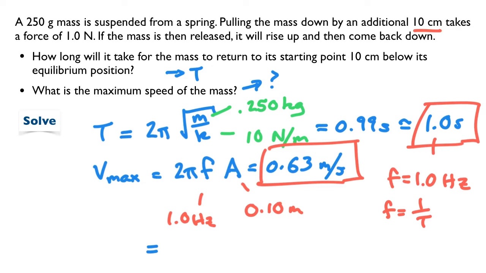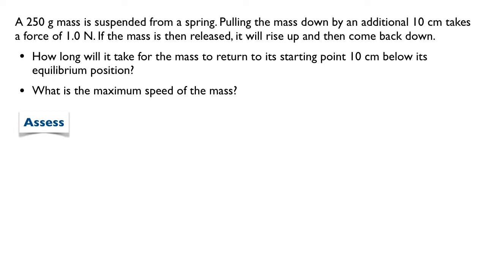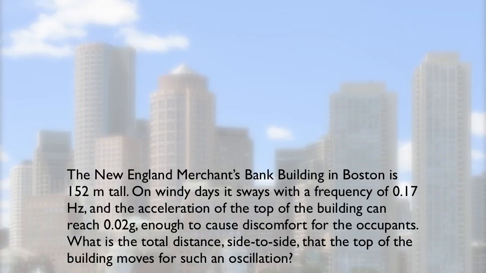Now for assessment, what I would do in person is just take that system, which I actually have, let it go, and estimate the period and the speed. And it turns out everything works out about like we calculated, as indeed it must. But I want to do more than just very abstract and arbitrary systems like that, because simple harmonic motion is all around us.